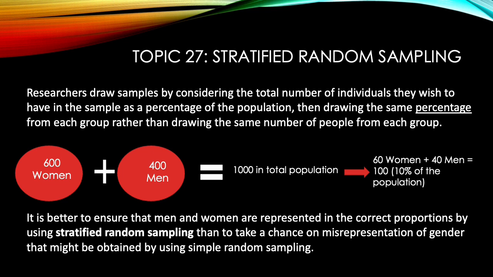Researchers usually draw samples by considering the total number of individuals they wish to have in the sample as a percentage of the population, and drawing the same percentage from each group rather than drawing the same number of people from each group. For example, if there are 600 women and 400 men in a population, and a researcher wants a sample size of 100, he or she will not draw 50 men and 50 women.